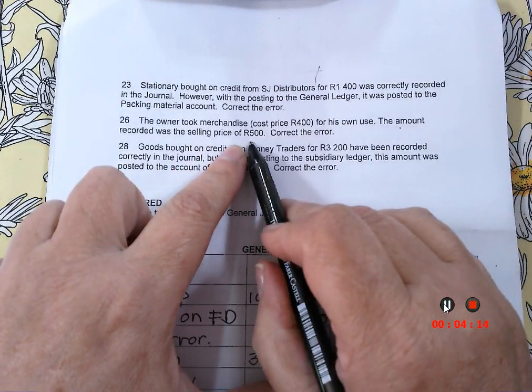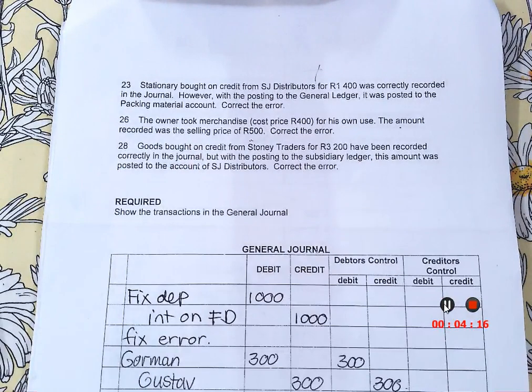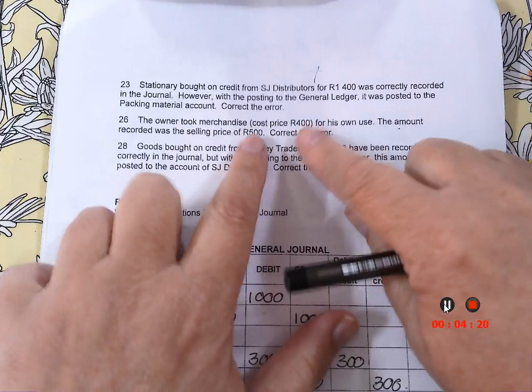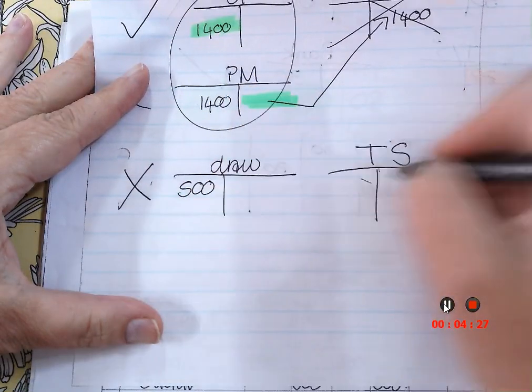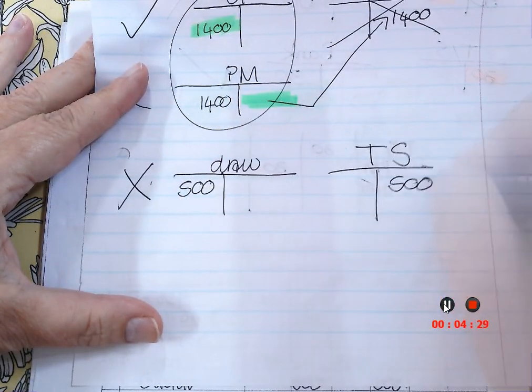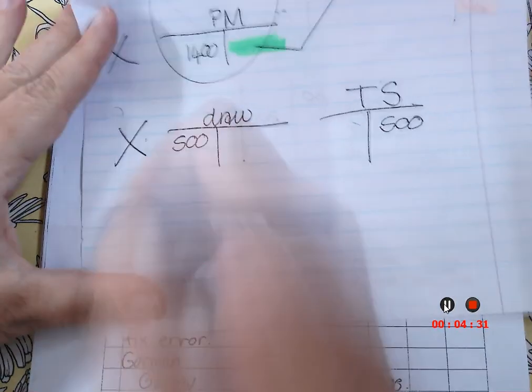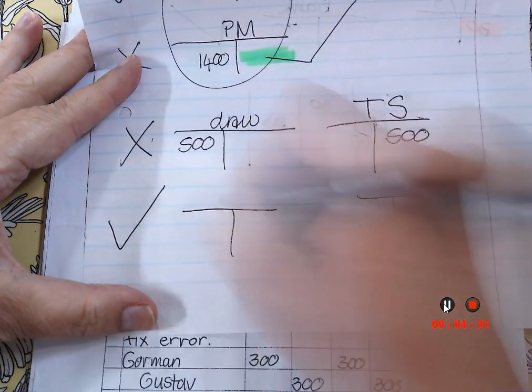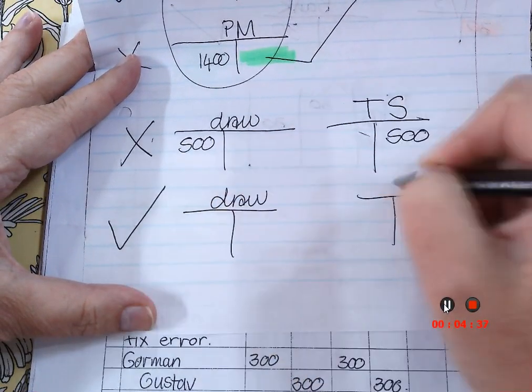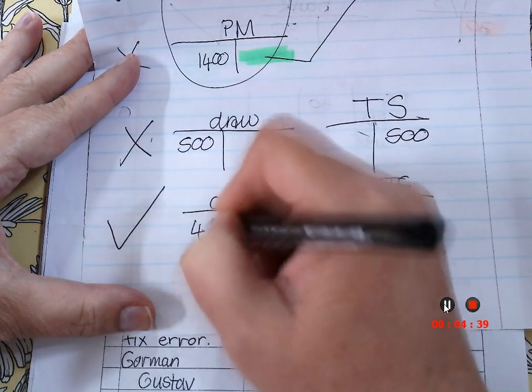So I know here the mistake is not the T accounts. The mistake is in the amount. So the wrong one, I said drawings, trading stock 500. What was I supposed to do? I was supposed to say drawings, trading stock 400.